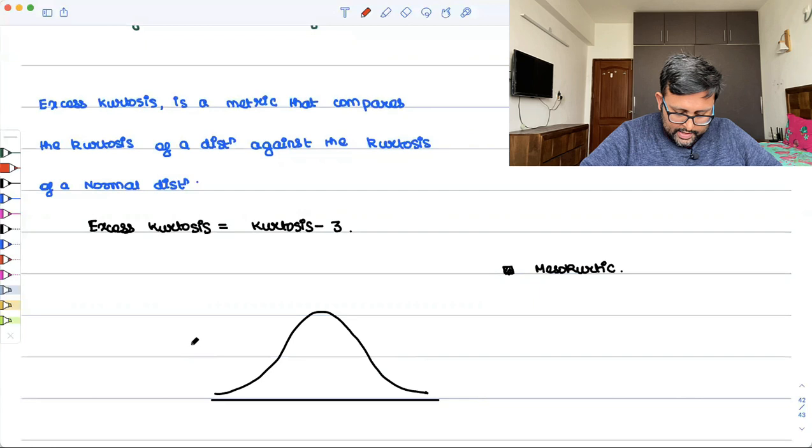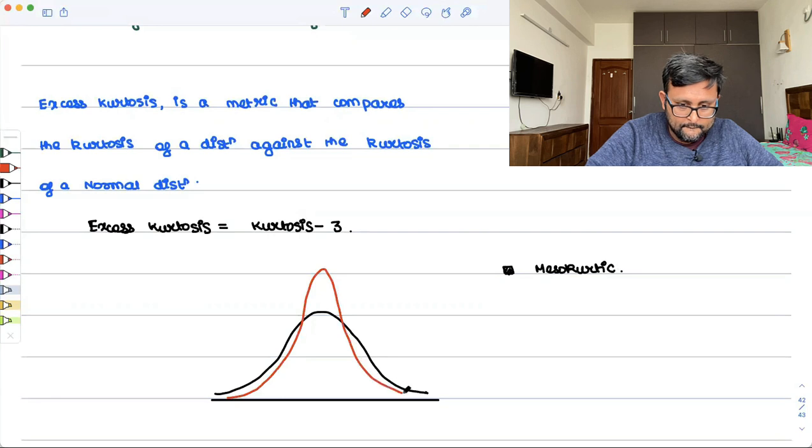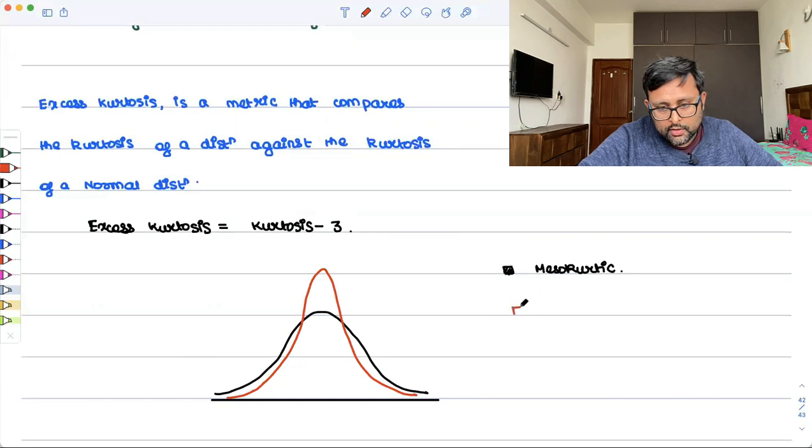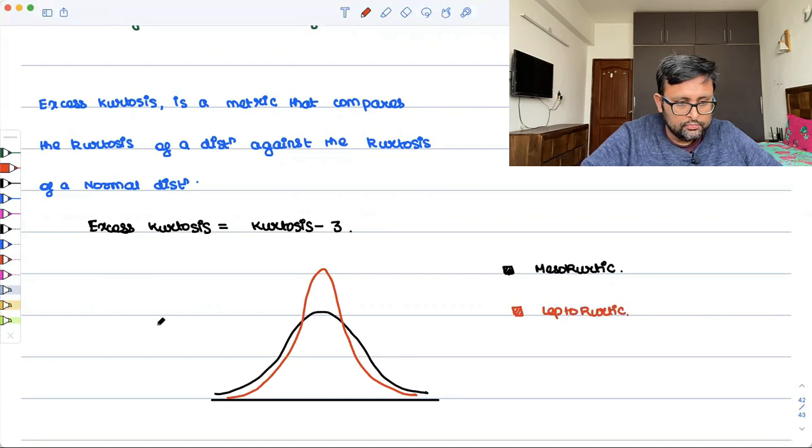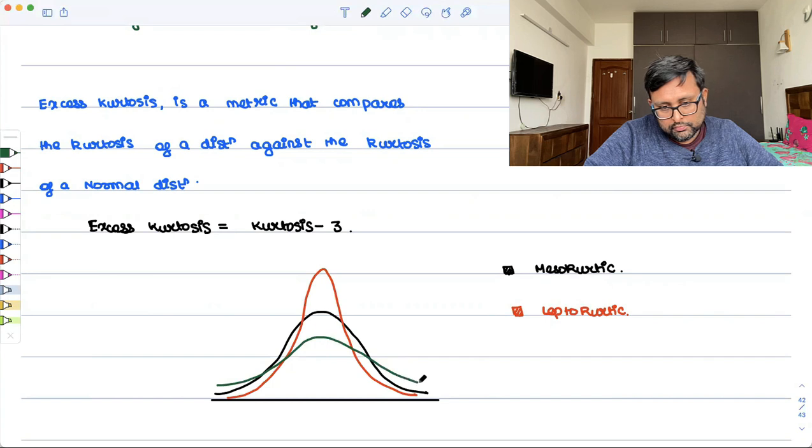And this guy is your leptokurtic, the red one. And this one is your platykurtic, the green one.